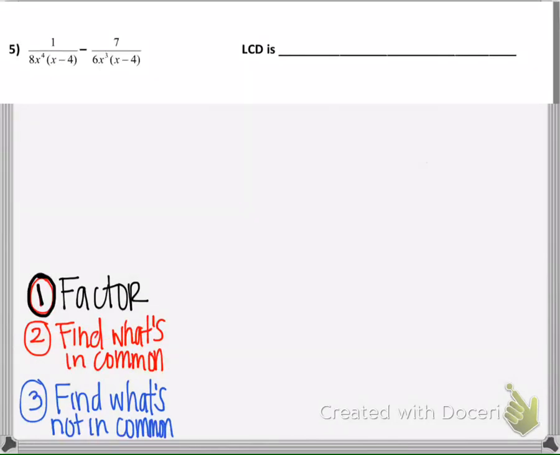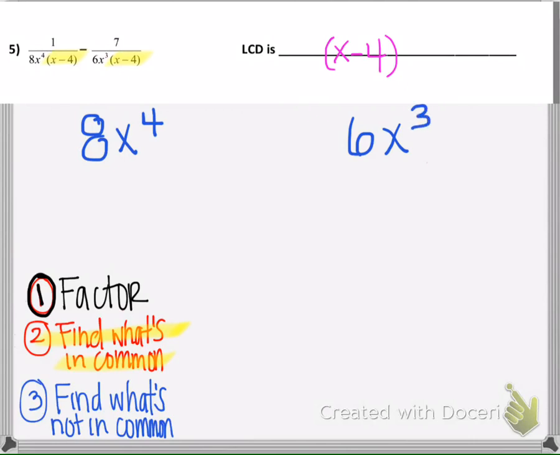Okay, so here we have to find out what's in common. So we have an X minus 4 and an X minus 4. And now we need to look at the 8x to the 4th and the 6x cubed.